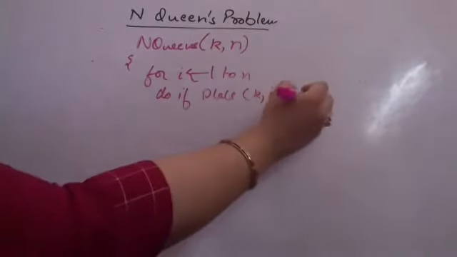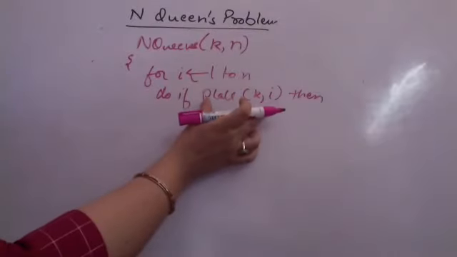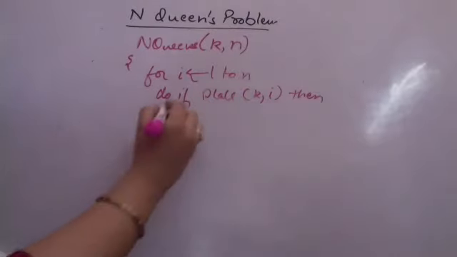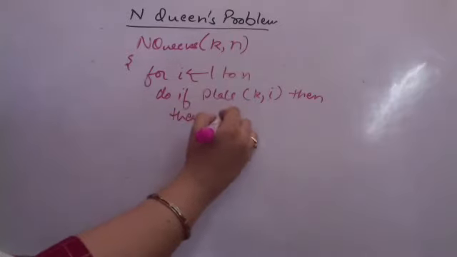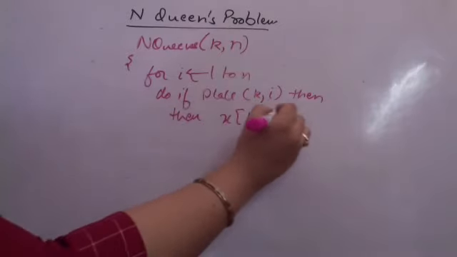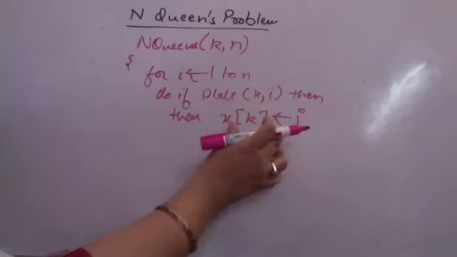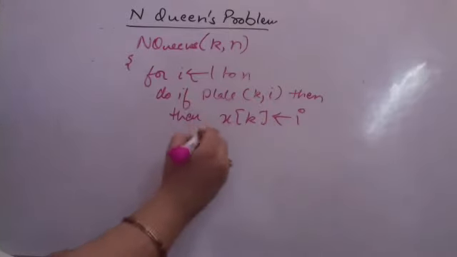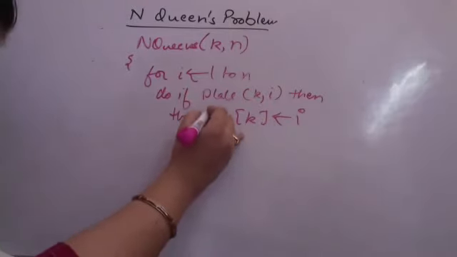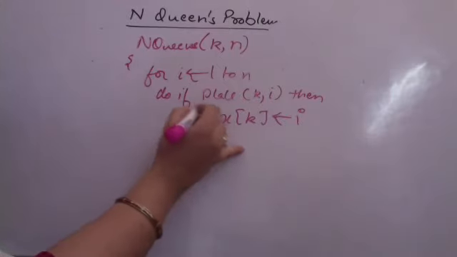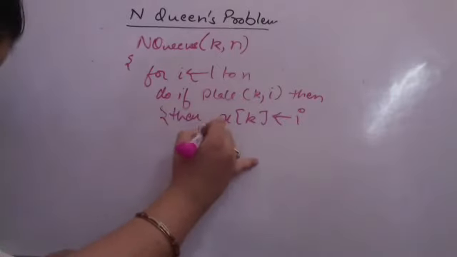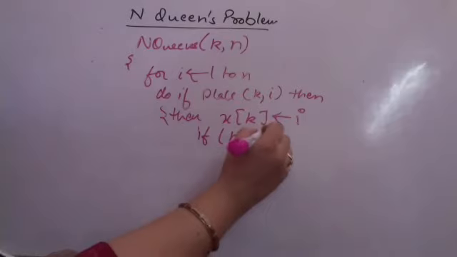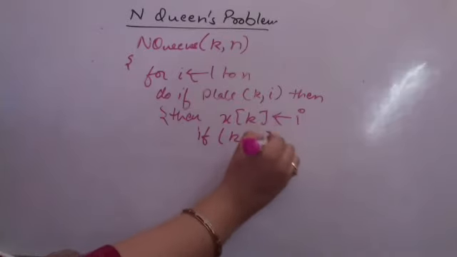If the placing is true, अगर return true होगा, then I will place and I will enter the value as I, and in case I have reached n, that means end आ गया है मेरे पास और मुझे कुछ नहीं करना है.